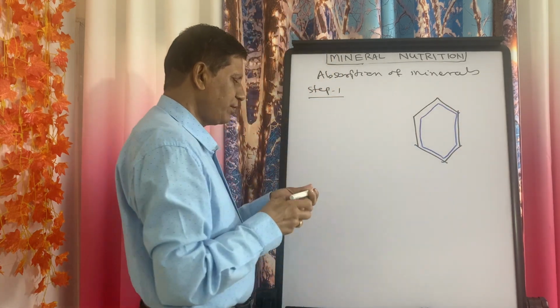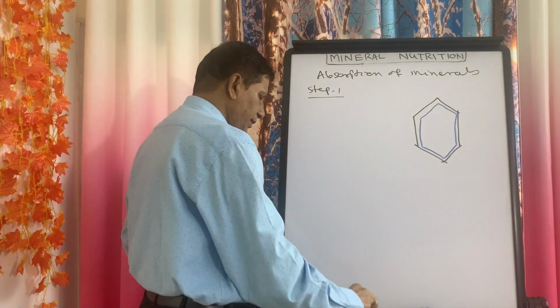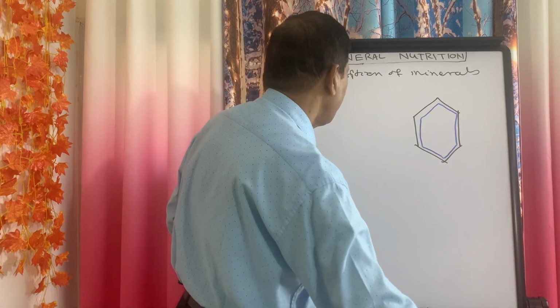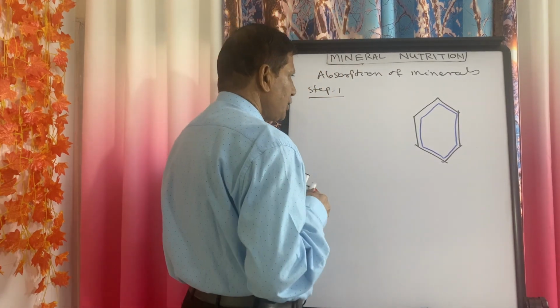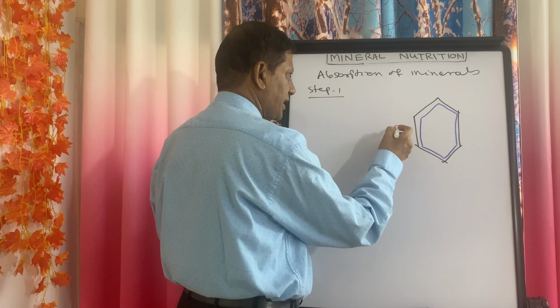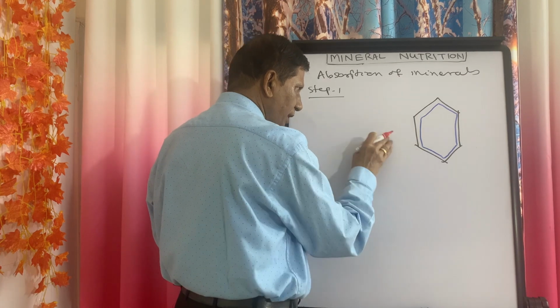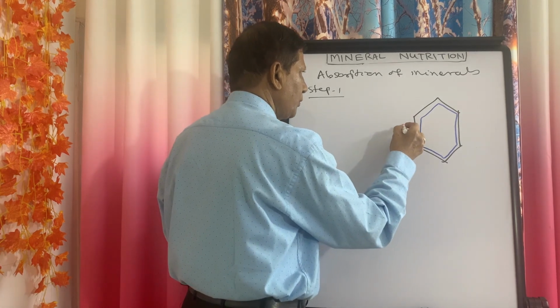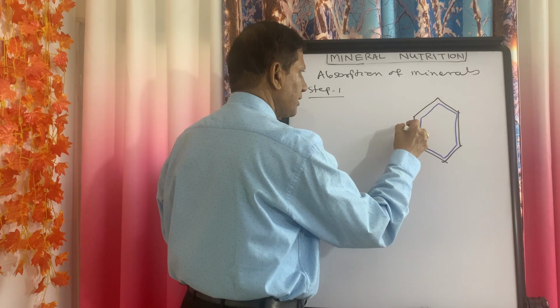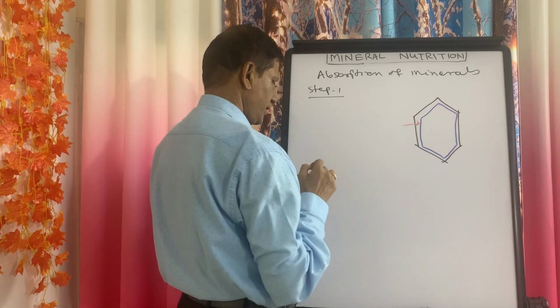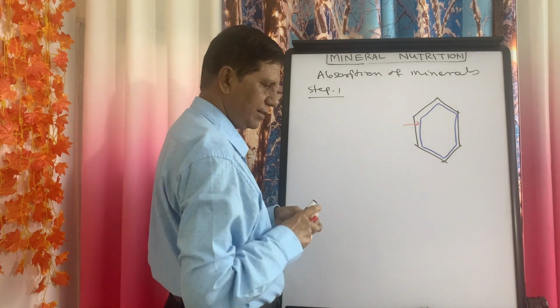So in the first step, what happens? The different minerals enter from the soil, the outer surface, to this extracellular surface, like this. Not into the cell.